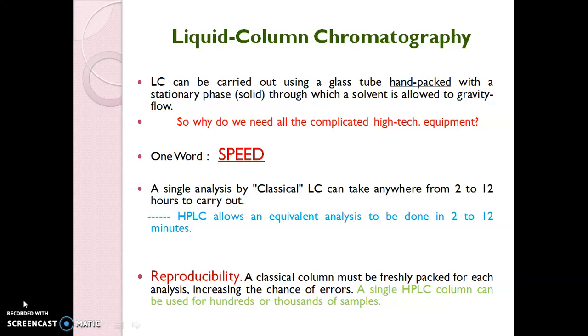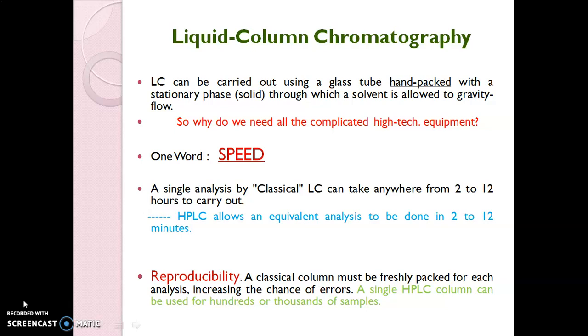So if we are able to separate our analyte by using column chromatography, why is there a need for the highly complicated HPLC technique? The one word is speed and the other word is accuracy.